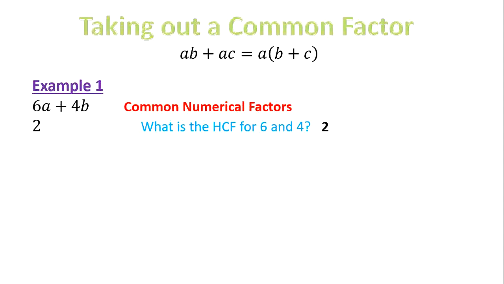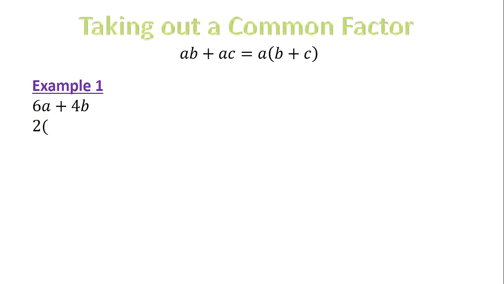The next question I ask is, what are the common variable factors or common letters? As you can see in this example, there aren't any, and so we just take out a 2 with no variables. So now we work with our first term and our highest common factor that we've worked out. We take a fraction, so we've got the fraction line there.